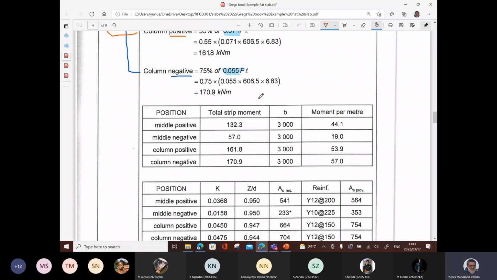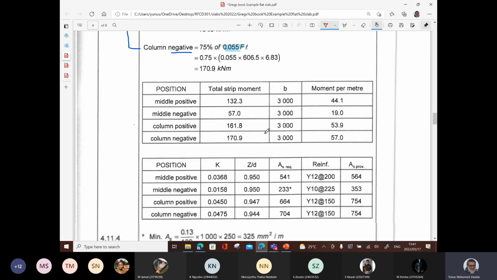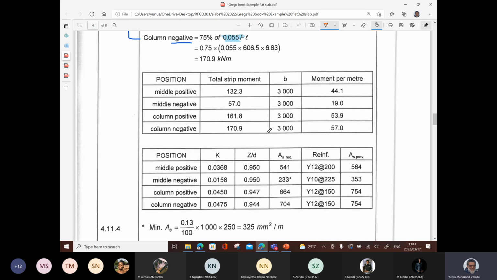As I say, in Greg's book we've got only one example to work with, unfortunately. So I'm giving you these other references. I will try to get a copyright for the relevant pages, especially for flat slabs. The other ones I think we can get away with, but for flat slabs you need that reference.